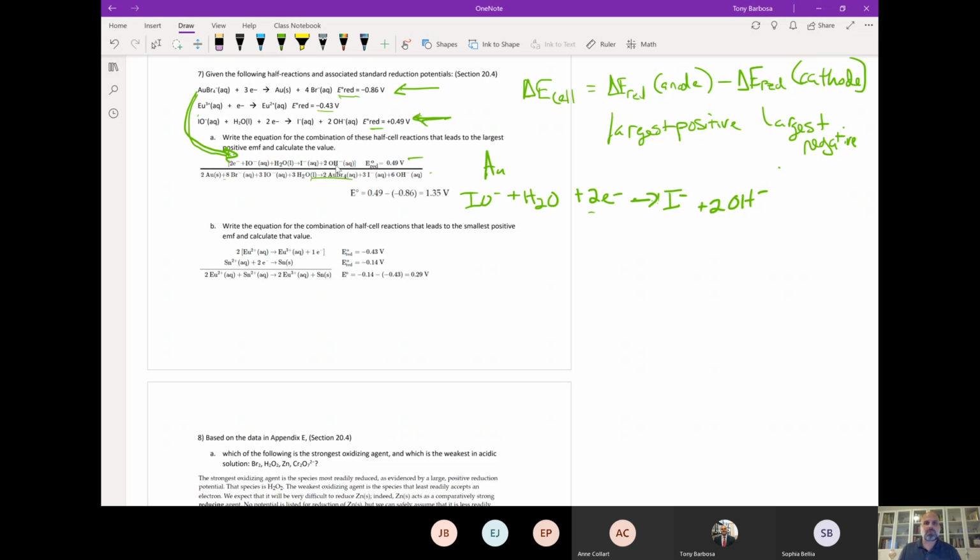So you get to see what mistakes happen. So you actually have gold plus 4 Br minus going to AuBr4 minus plus 3 electrons. So you have to invert the equation in the opposite direction, because since it's at the cathode, it's going to be going in the opposite direction, right?